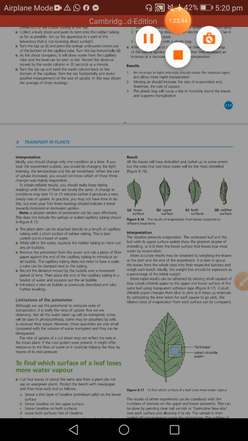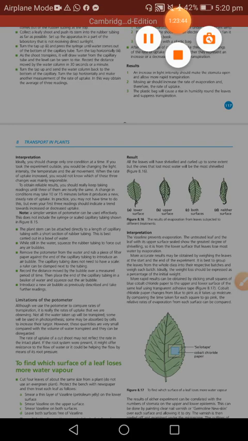Now, we will focus on different conditions which will affect the rate of transpiration, and I will describe them in short. Okay? Anything that increases the rate of transpiration will also increase the rate of water uptake from the xylem vessel and also from the root.